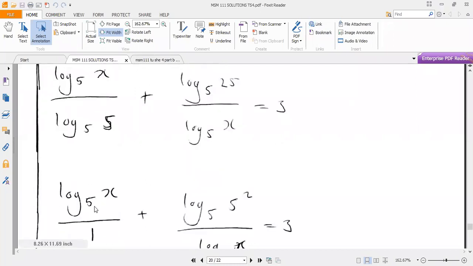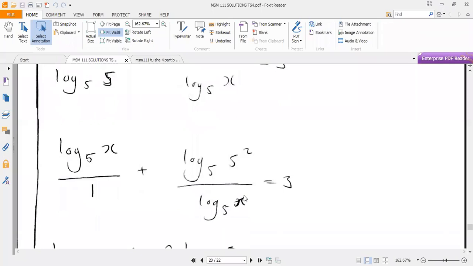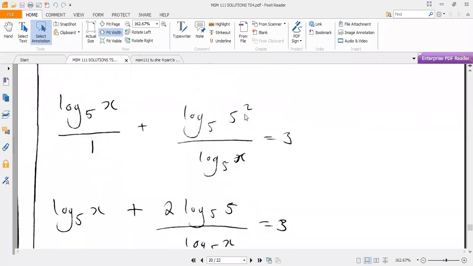We're getting the same thing here. We have this guy here. This guy, it's 1, right? Then this guy, the 25, we can express it in this form, 5 to the power 2. So now 5 to the power 2 is simply 25, isn't it? Using that log principle, the 2 can drop, isn't it? So it will be 2 log base 5 of 5, isn't it?